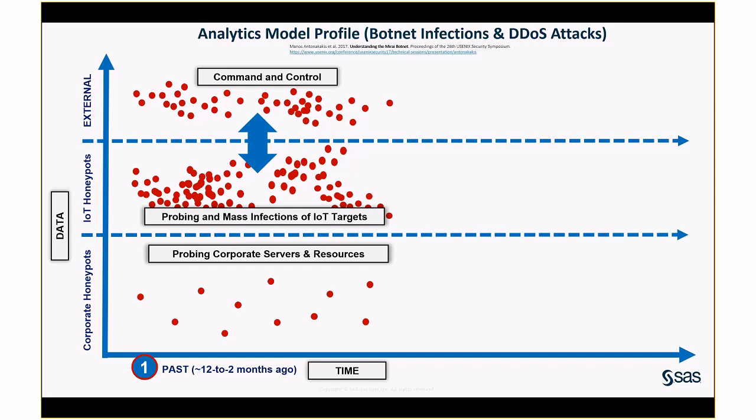The first stage of infection was looking around on the public internet for particular devices that had vulnerabilities and perhaps hadn't had the default password reset, for instance. So people who had installed a router or a smart camera and not changed the default password were easily attackable. And then these were infected.